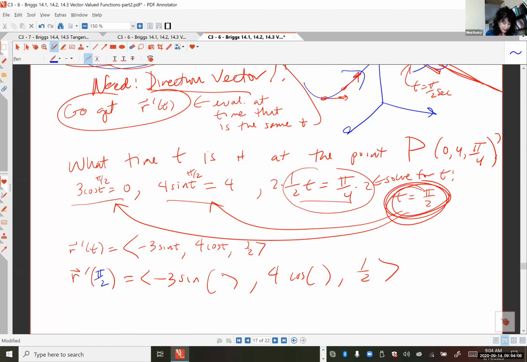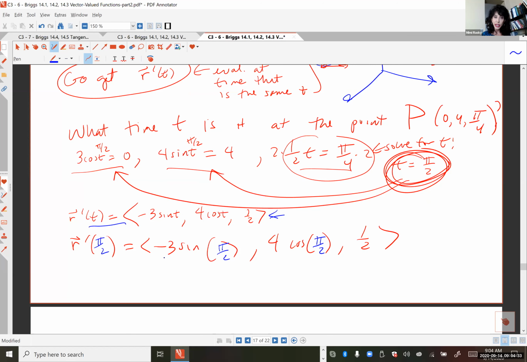I get students who use the velocity vector, which is a function of time t, and plug it into their parametric equations, and I just take away all their points. What are you doing? Your direction vector has to be a constant vector, with pure numbers only as components. You don't have functions of t when finding the direction vector for a straight line in 3D.